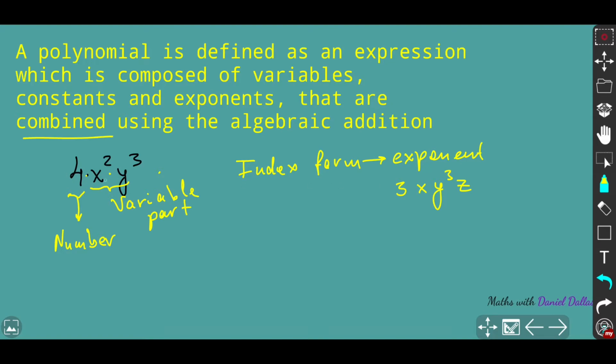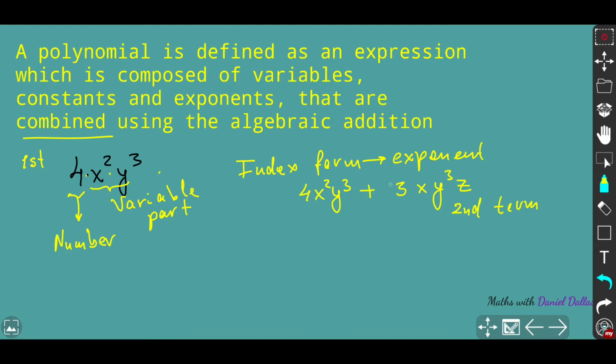So you can combine those two terms, the first term and the second term, using algebraic addition. So what do they mean? They mean that you can add them up. So 4x squared y cubed plus, for example, 3x y cubed z.